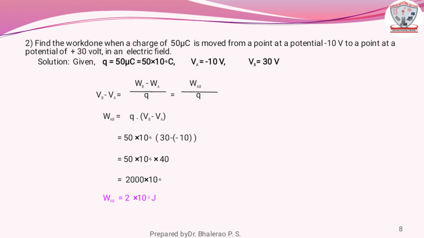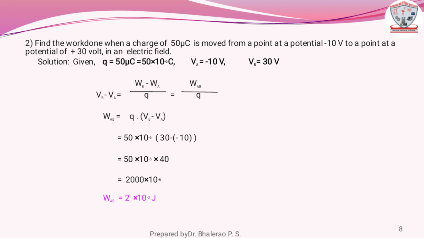We can combinedly say WAB, and therefore we can write the formula WAB is equal to Q into VB minus VA.